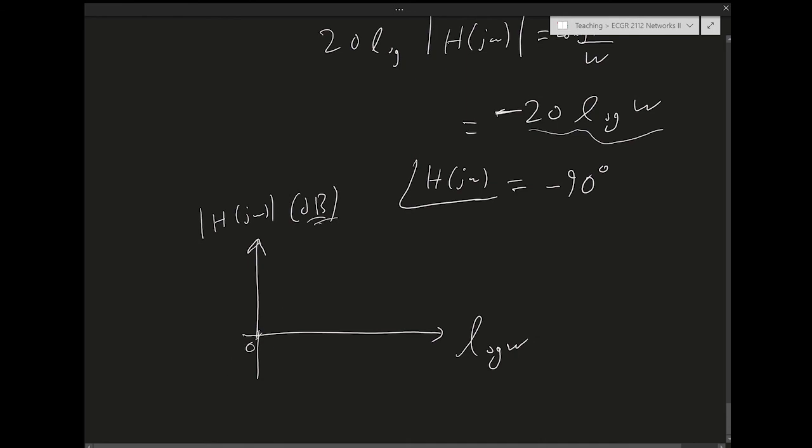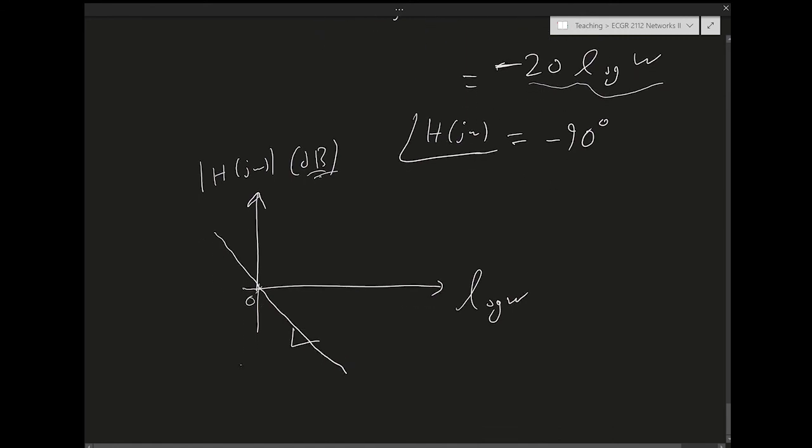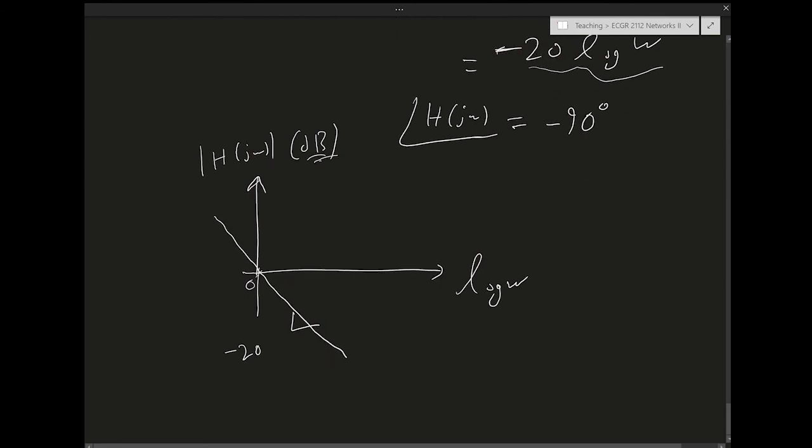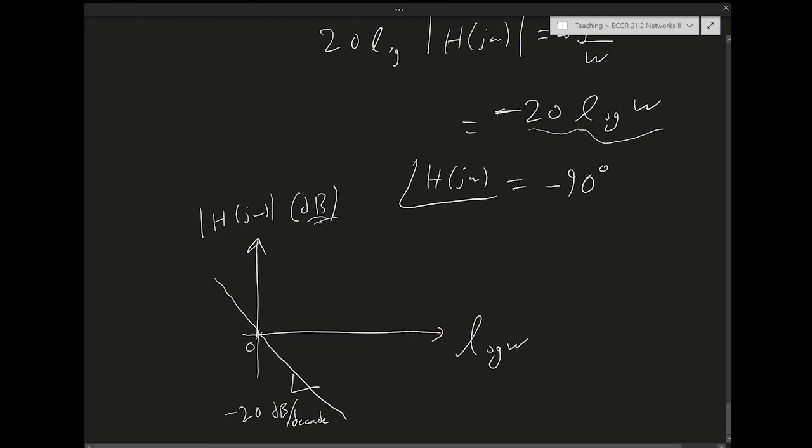But it has a slope of minus 20, so it's going to be a line that goes down like this. But the slope is with respect to log omega, so we say it's minus 20 dB per decade, because every decade we go down 20 dB. So let's say we're here at a frequency of like 10 radians per second.